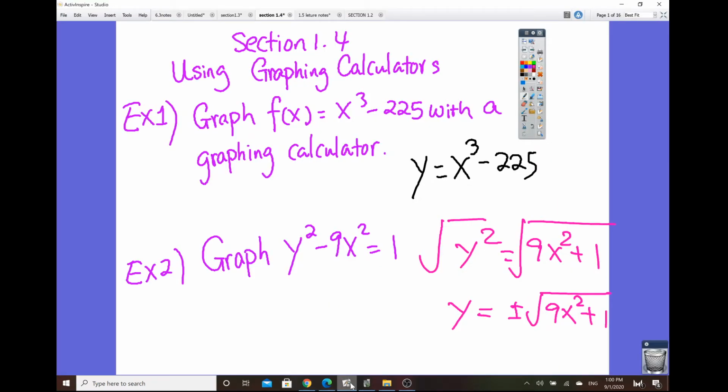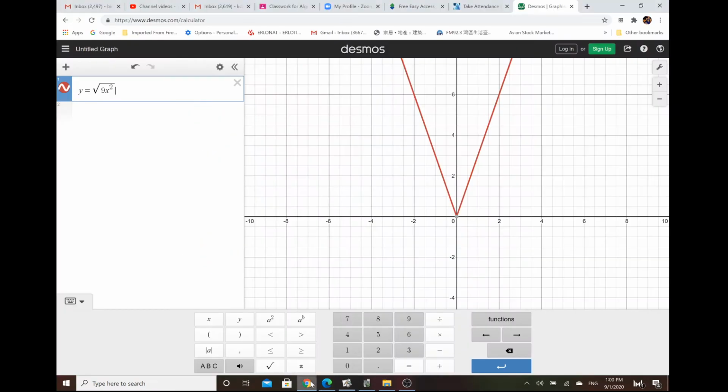And then plus 1. This right here, it's better for you to put inside the parentheses. So once you put in the radical, then parentheses, and then 9x little caret square, right arrow, and then plus 1.